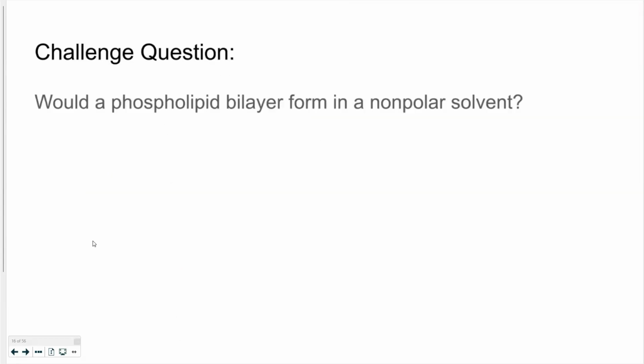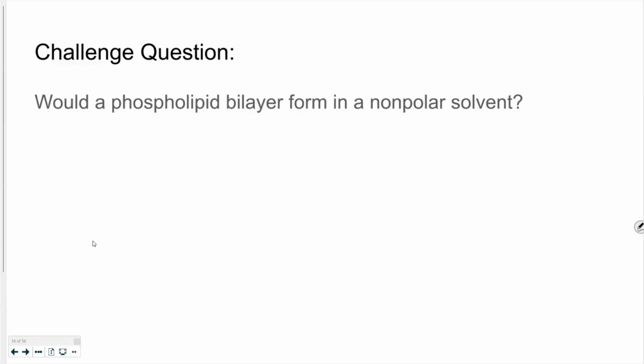Okay. This is a tricky question. I want you guys to think about it for a minute before I give you the answer. Could we have a phospholipid bilayer in a non-polar solvent?